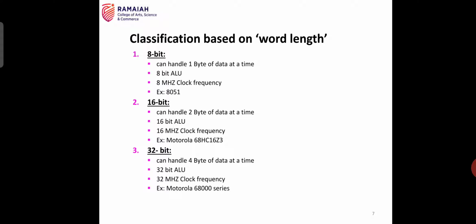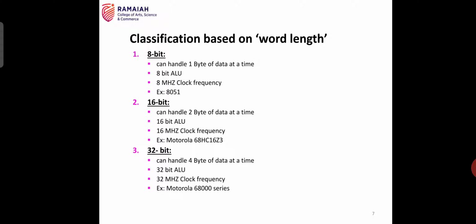So it has an 8-bit ALU, 8 megahertz clock frequency, example 8051. And a 16-bit microcontroller can handle 2 bytes of data at a time, with a 16-bit ALU, 16 megahertz clock frequency. Example is the Motorola 68HC16Z3 series.